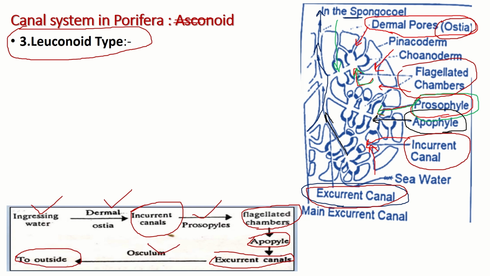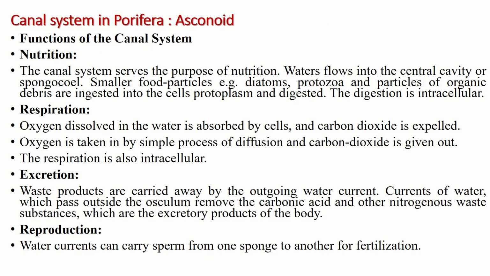So what is the course of water current? Ingressing water through dermal ostia into the incurrent canal, through prosopyles into the flagellated chamber, through apopyles into excurrent canals, and through the osculum to the outside. And lastly, about the functions of the canal system.